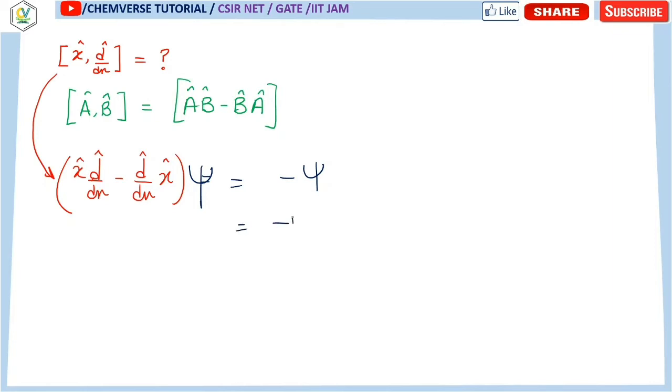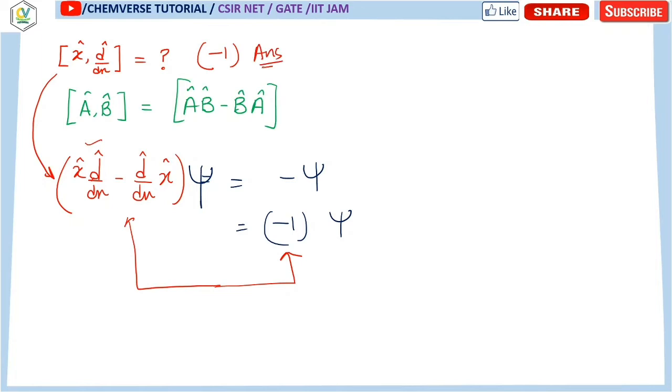Now minus ψ means minus 1 into ψ. So from here what I can see is that x d/dx minus d/dx x has a value of minus 1. It is basically the commutator value. So this commutator has a value of minus 1. So minus 1 will be the answer.